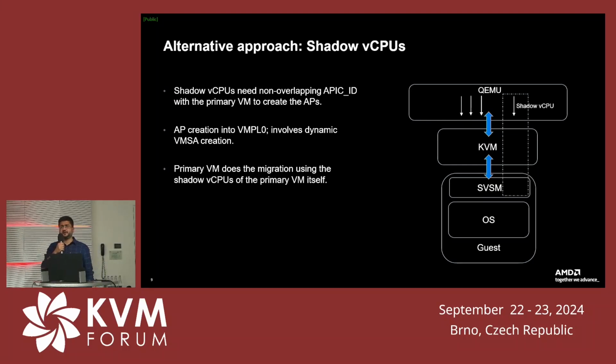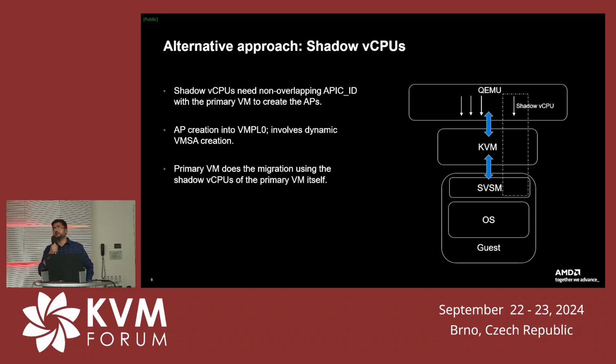They share the KVM address space, so they don't need the multiple KVM handling with guest-memfd, and they can also work together on the memory and do the live migration.